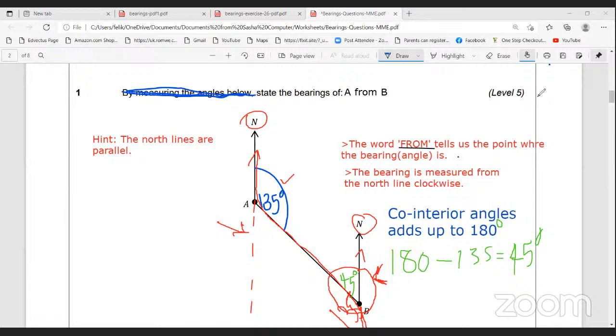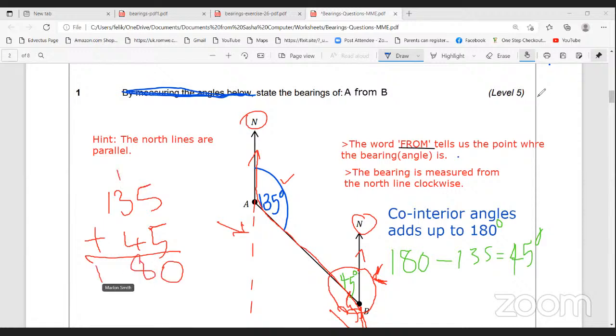So write it in for me: 135 plus 45 is 180. Just 360 minus 180. That's 180.